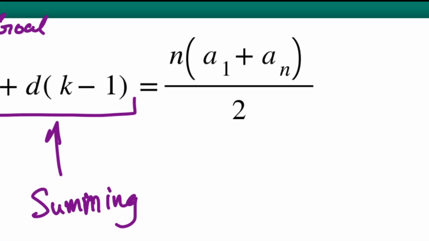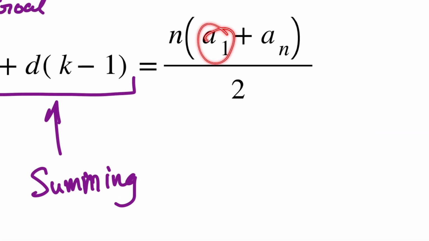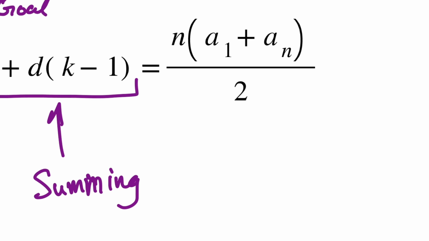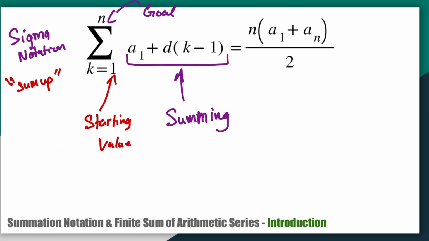That's what this is saying. This is saying take your first number, a of 1, take your last term, a of n, add those together, multiply by how many terms there are, and divide by 2, and you have the sum, okay? Which is pretty nuts when you actually think about that, okay?